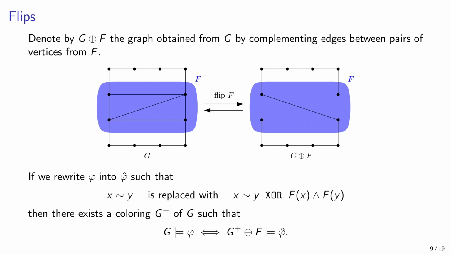And in order to do this, we have to mark this flip set with a unary predicate inside the graph. You can think of this as putting a color onto the graph. And then we have G models phi if and only if the flipped and colored graph models phi hat.